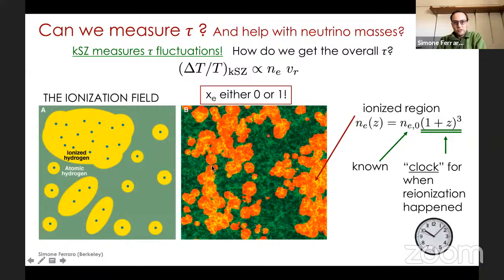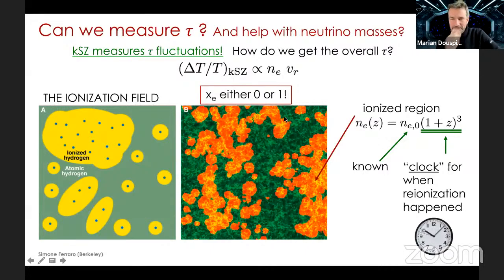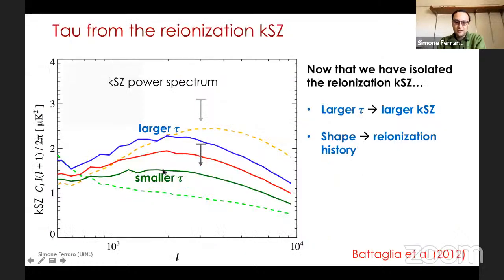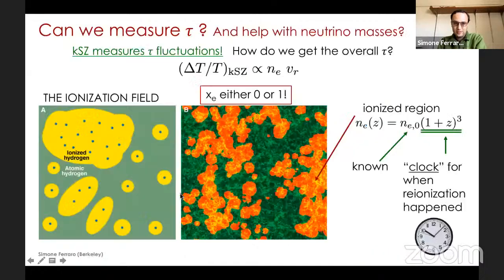I'll skip this part, but let me just say that the physical number density of electrons is the comoving number density, which is known, times (1+z)^3, right? So the z here plays really like a clock. The size of the fluctuations is proportional to (1+z)^3. So you can derive the scaling analytically, and there's not much that you can do to break that. So that's rather robust.